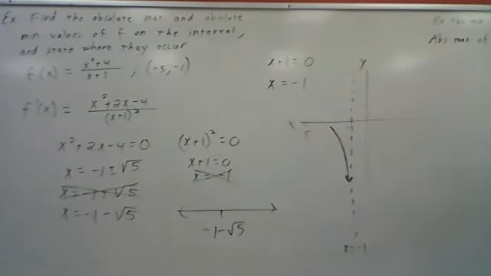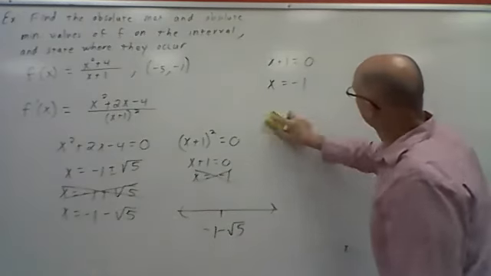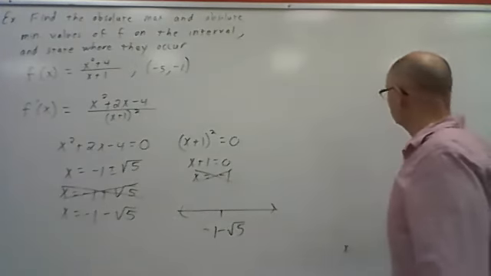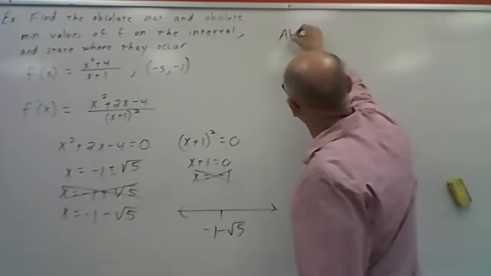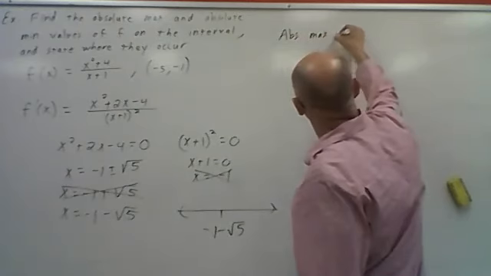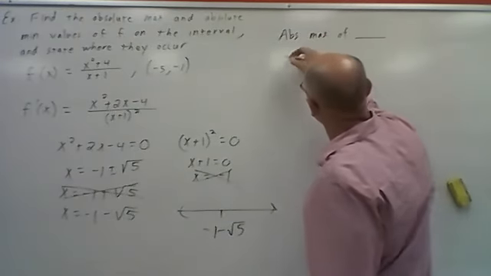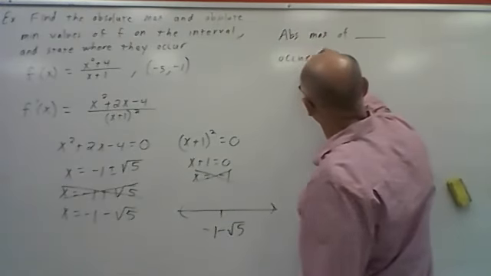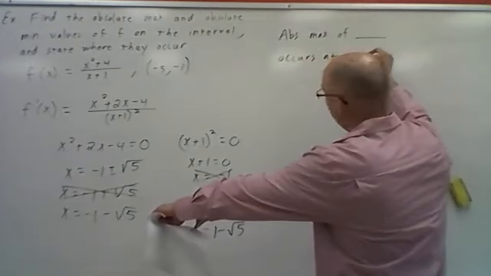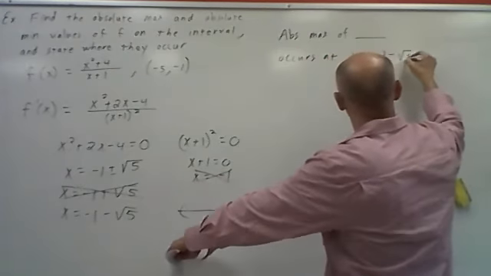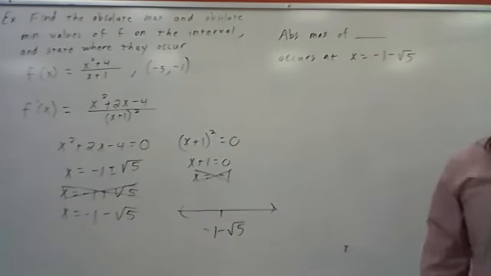Oh, I'm off the screen. Hold on. Go back over here. Absolute max of a blank occurs at x is equal to -1 minus the square root of 5. Now we're going to fill in that blank and find that actual max.